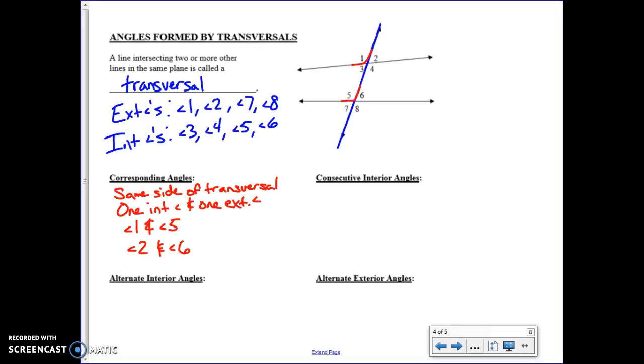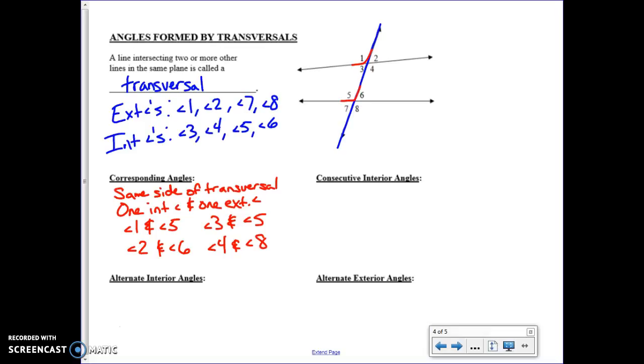They're in the top right of each of theirs. There's one exterior and one interior. Then I have angle 3 and its corresponding angle would be angle 7. And then angle 4, and its corresponding angle would be angle 8. Notice there are 4 of those corresponding angles.